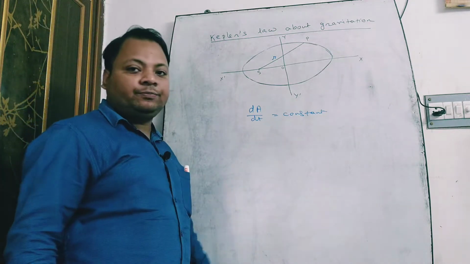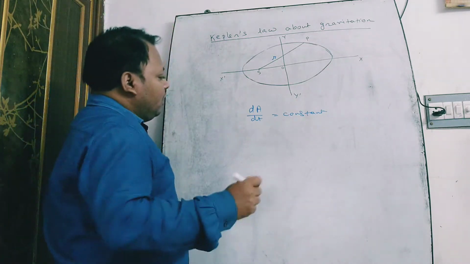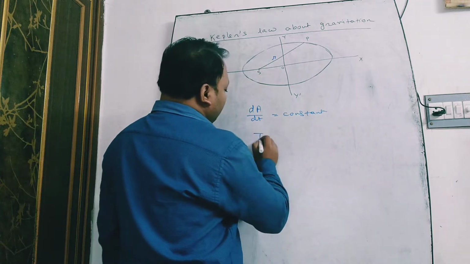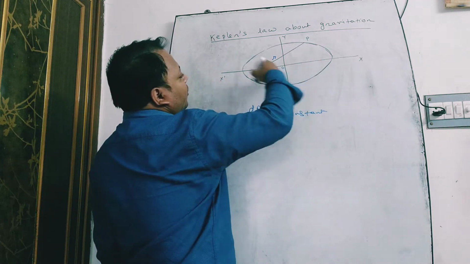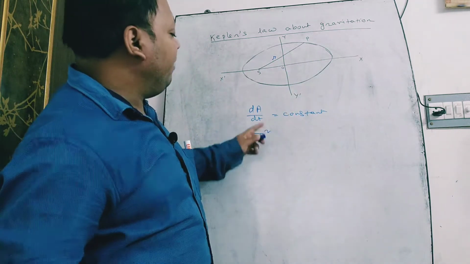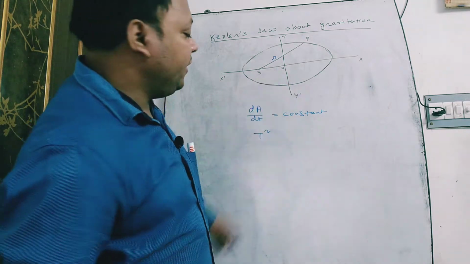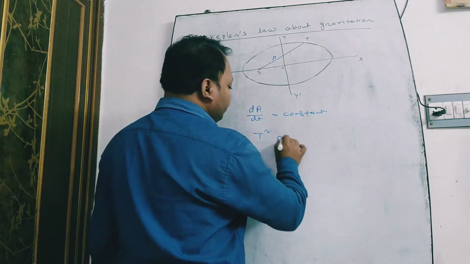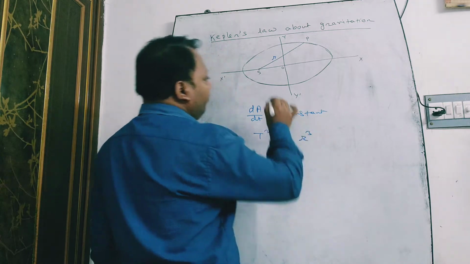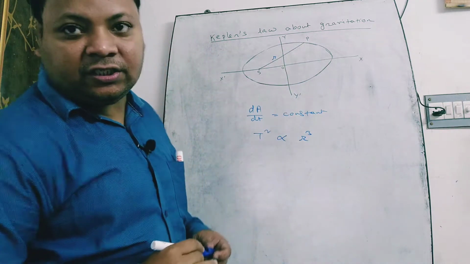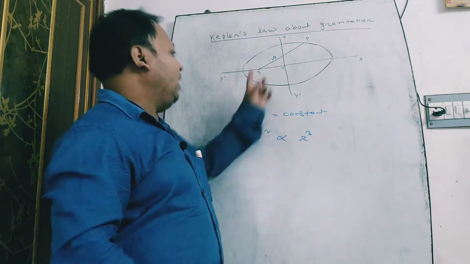And third law: the square of the time period of revolution of the planet is directly proportional to the cube of the average distance between the planet and the sun.